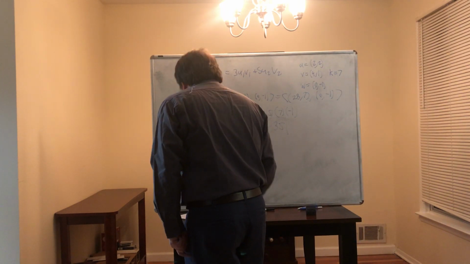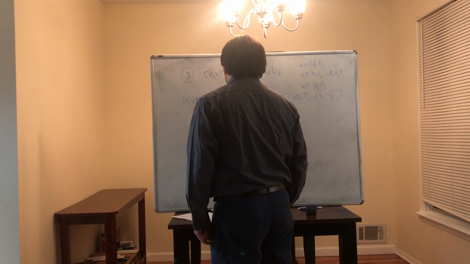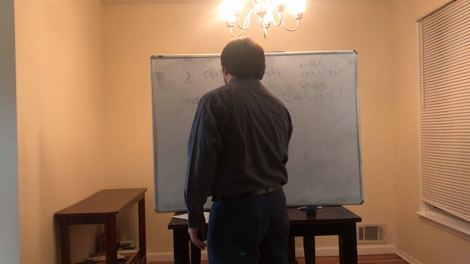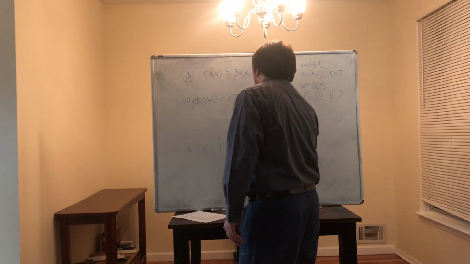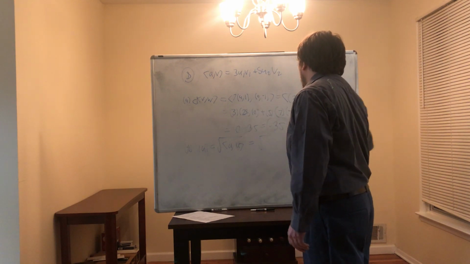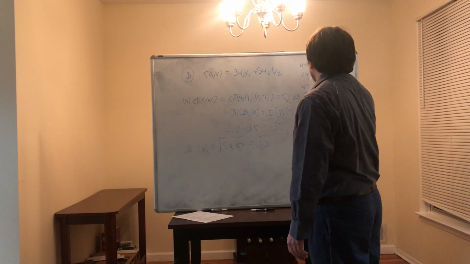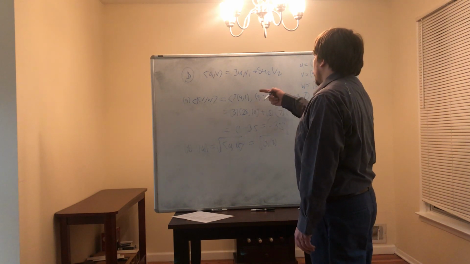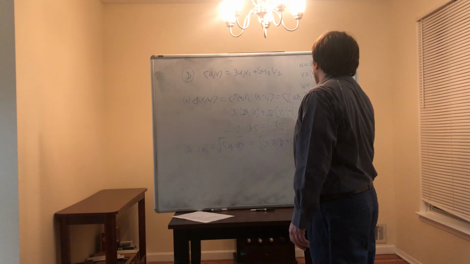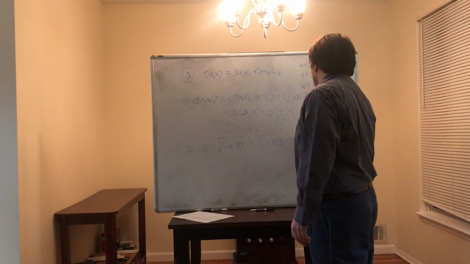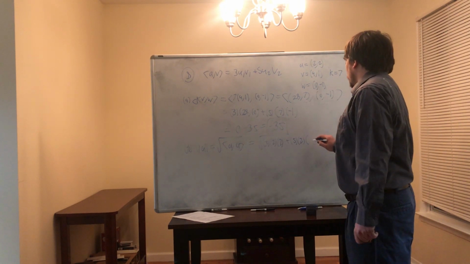B. What is the norm of u? Well, the norm of u is the square root of the inner product of u with itself, by definition. And so what that's equal to is the square root of 3 times the first component of u, which is 2, times the first component of u also, which is 2, plus 5 times the second component of u, which is 2, times the second component of u, which is also 2.